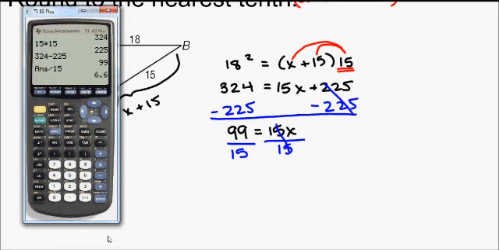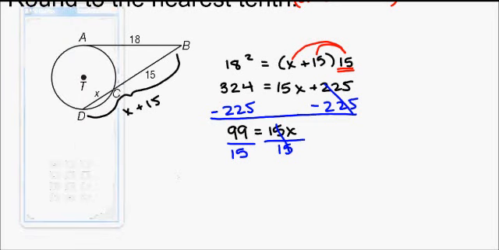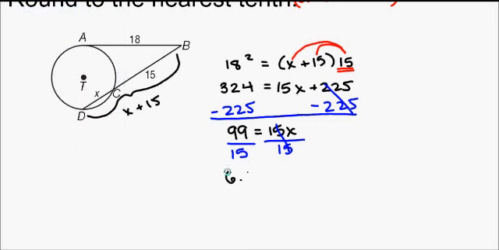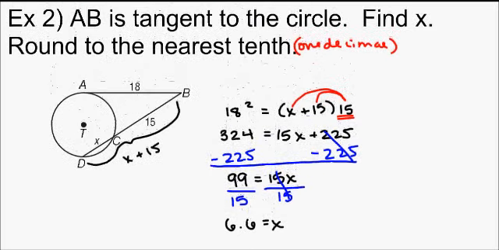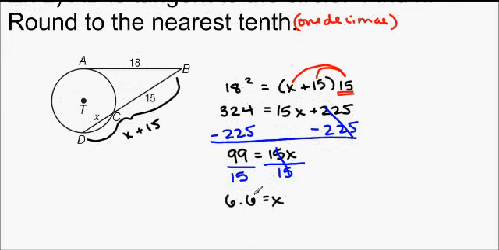So 99 divided by 15 gives me 6.6. So really I didn't even have to round that. It's an exact answer. Okay, so x is 6.6. And that's what we're looking for, so I'm going to circle it.